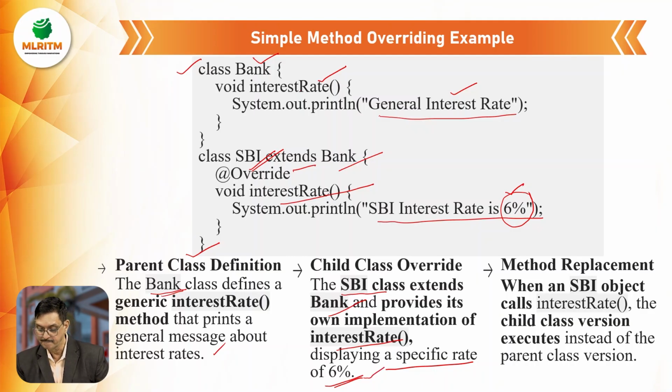So with method replacement, when an SBI object calls interest rate, the child class version is executed instead of the parent class version, because the object we create here is of the SBI child class.